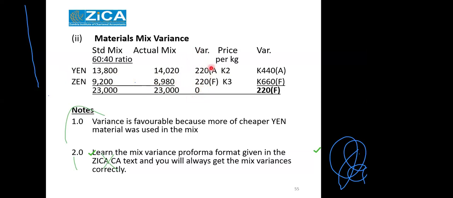Okay, and the signs are adverse and favorable. Then we say that these variances are valued at the standard price per kg in this case. So 2 times 220, 3 times 220, we get those variances in kwacha, and the total is 220 favorable. Okay.